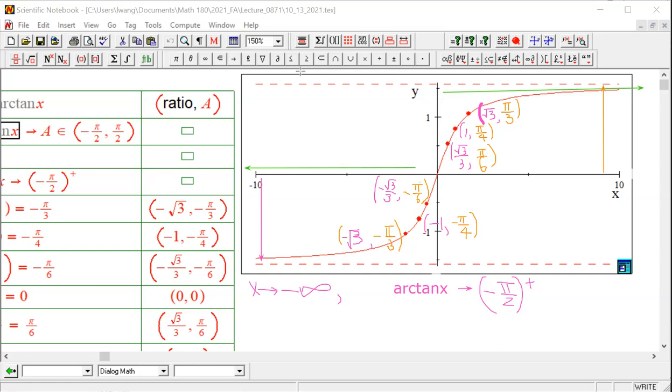Actually, I should change this color to orange, that'll be fitting for the arc length. So as x approaches positive infinity, the angle will be approaching pi/2 from smaller than pi/2. So how do we express that mathematically?